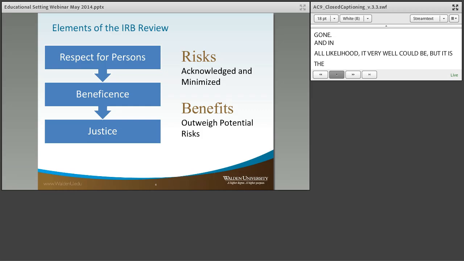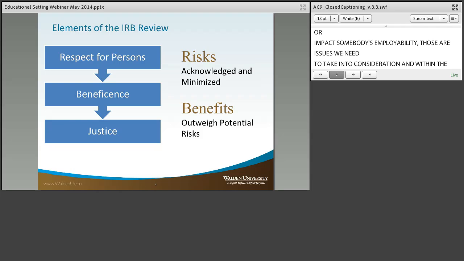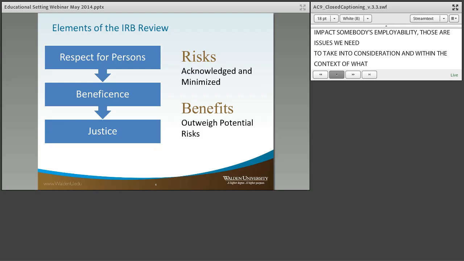And so even though a researcher might have taken certain steps, if that researcher is still seen as somebody of an authority figure or somebody that could impact a student's grades or impact somebody's employability, those are issues that we need to take into consideration and within the context of what the researcher's role and relationship to those potential participants is.